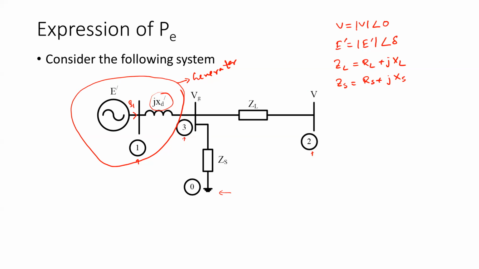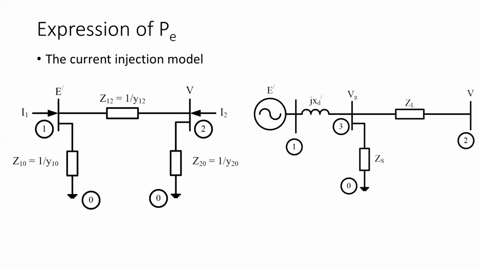Again, if you assume this voltage to be the infinite bus voltage, I can assume that some current is coming from here as well, from node 2. If you agree up to this, then the next thing will be a bit easier to comprehend.